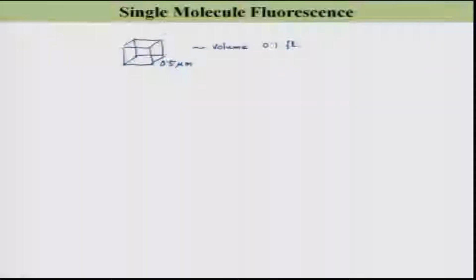So, you need a similar type of dimension to be achieved. Today we are going to discuss how to achieve such a small observation volume. The first technique I will discuss is based on the total internal reflection method.